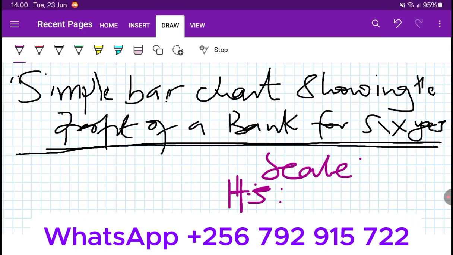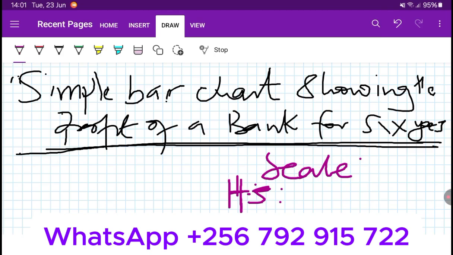So the scale. What is going to be on the horizontal, we have the years. We have only 6 years. The question is, how many centimeters do we have on the horizontal scale? Let me assume 15. Even if you say they are maybe 12, 13 or 10, it's okay.